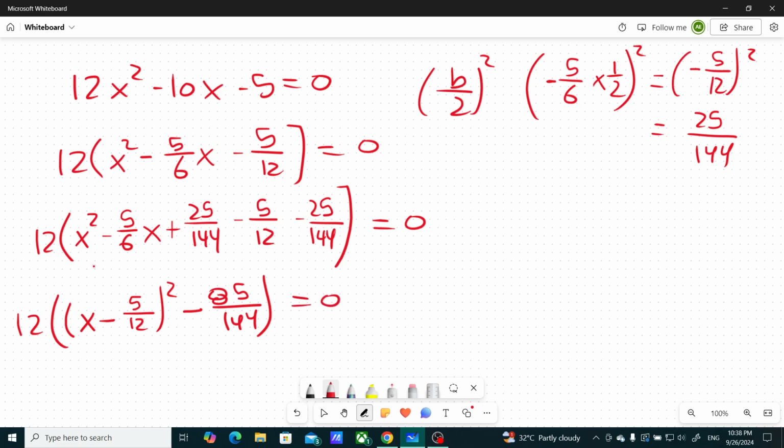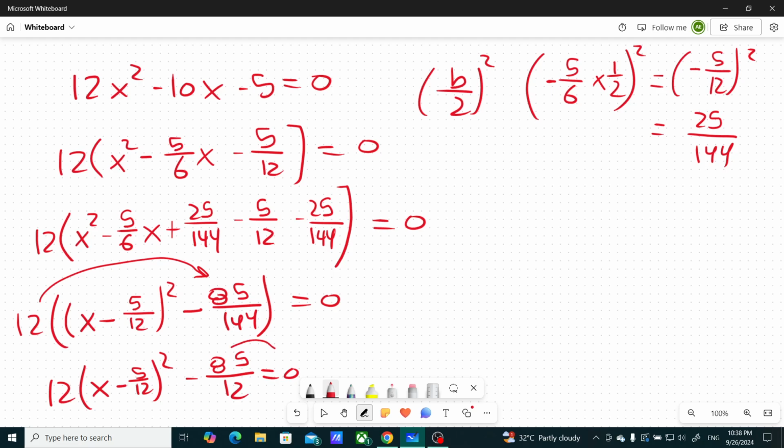Again, I will multiply my 12 to this negative 85 over 144. It will become 85 over 12. So I will have 12 times x minus 5 over 12 squared minus 85 over 12 equals 0.